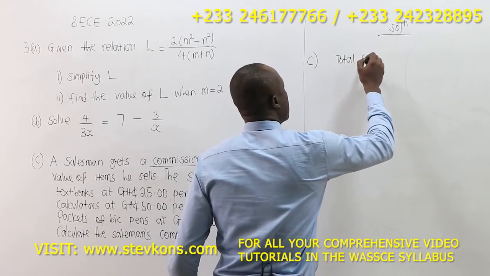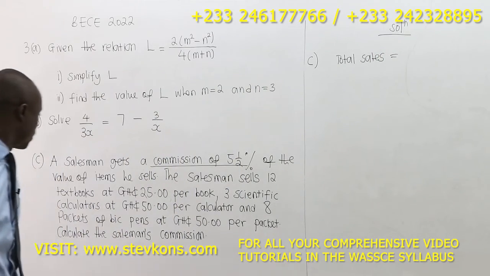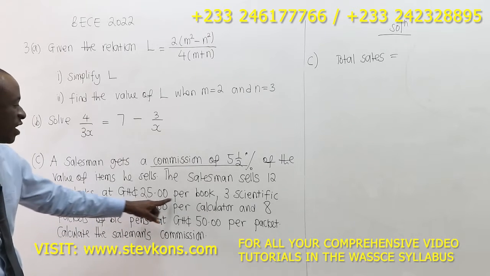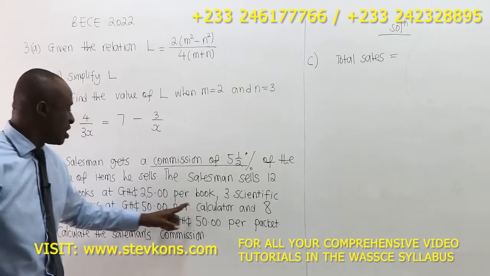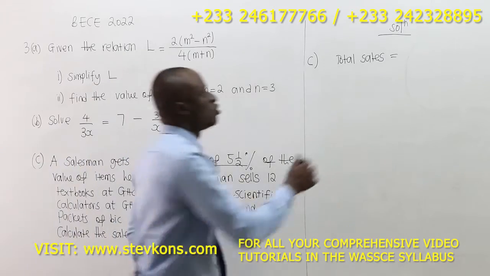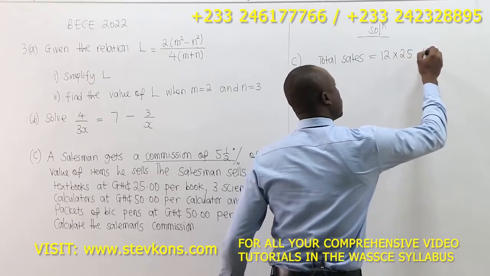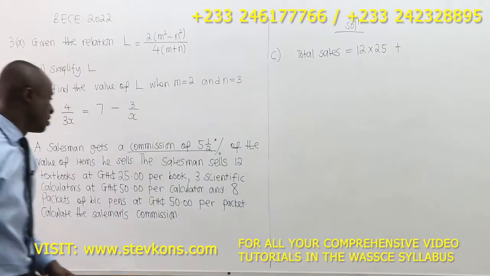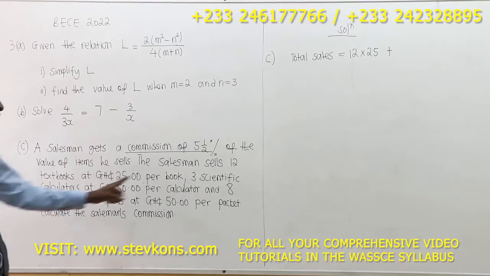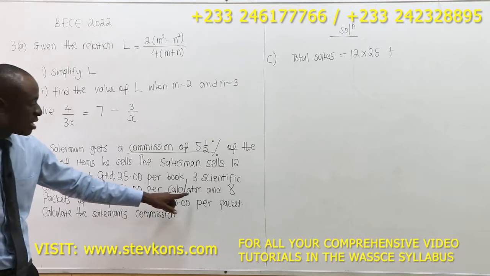So let's find the total sales. The first one, we have been told that he sells 12 textbooks at 25 per book. So each book is 25 cedis, and he sold 12. So it's going to be 12 times 25, plus 3 scientific calculators at 50 cedis per calculator.